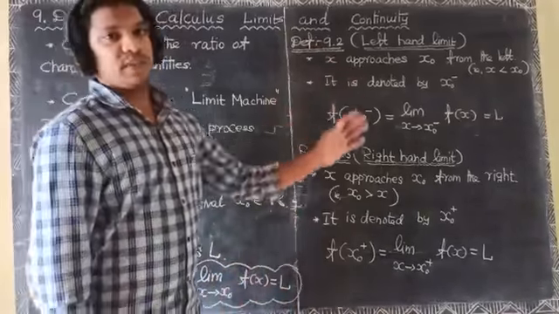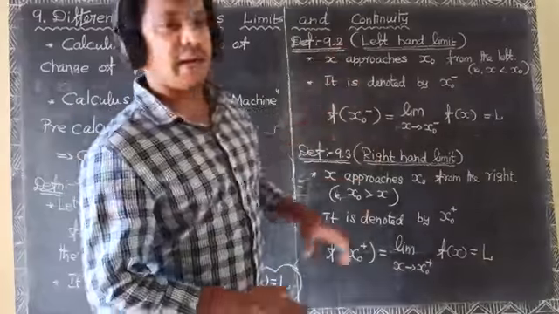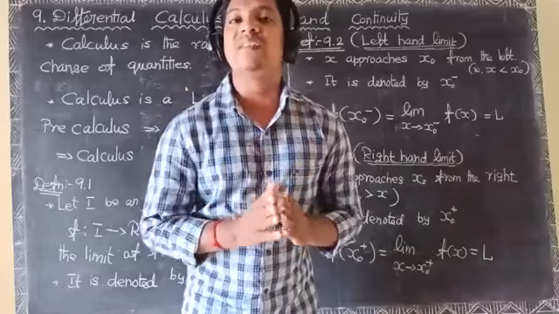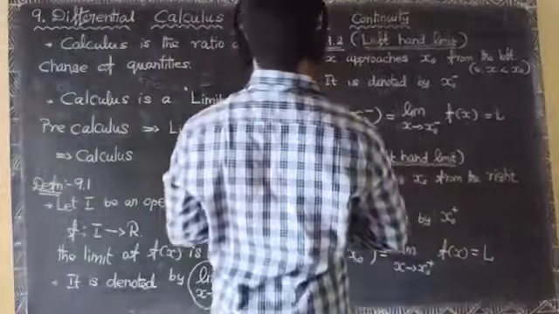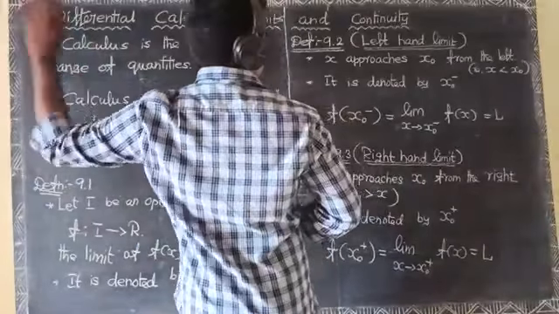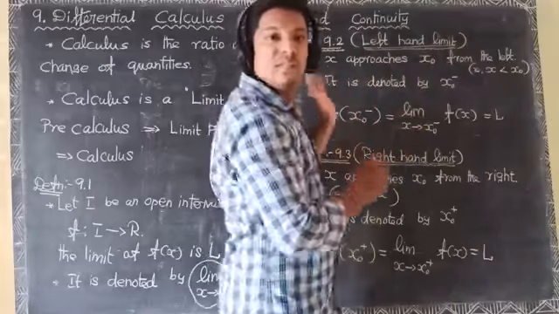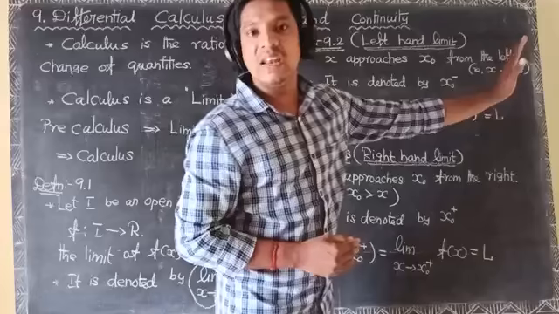Here definition 9.2, left hand limit. What is meant by left hand limit? x approaches x naught from the left. That is called the left hand limit.